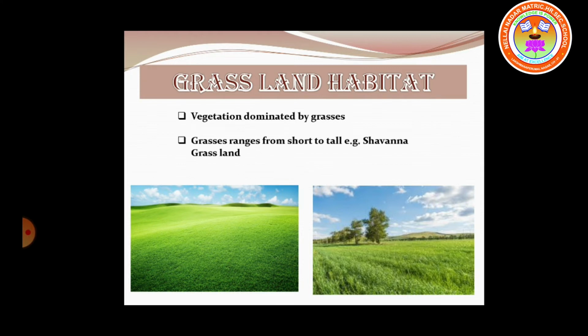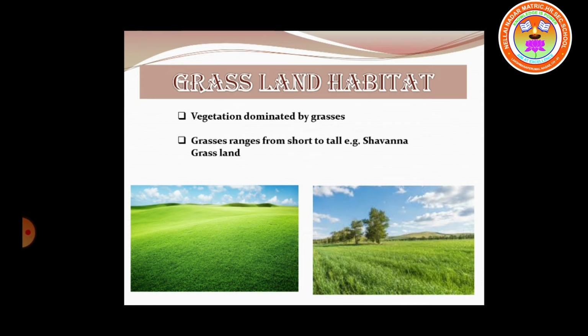There may be a short grass or a tall grass. An example for the grassland habitat is savanna grassland. Are you clear?